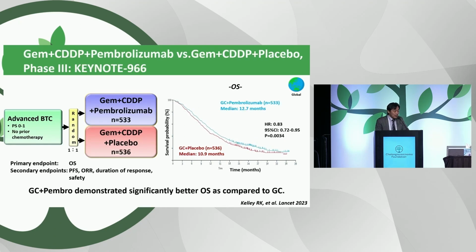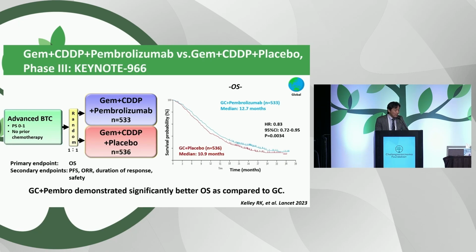Last one is a phase 3 trial of GEM-CIS plus pembrolizumab versus GEM-CIS plus placebo, the KEYNOTE-966 trial. Median overall survival was 12.7 months in the triplet regimen and 10.9 months in the doublet regimen.